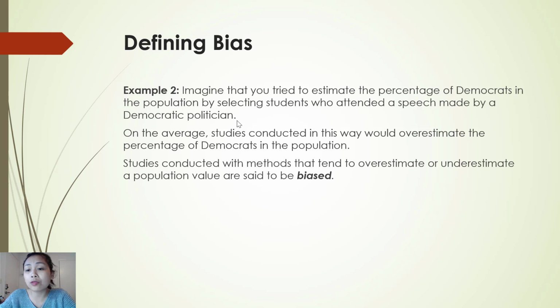So a study conducted with methods that tend to overestimate or underestimate a population value is said to be biased. Overestimate means the estimate is higher than the true value, and underestimate means the estimate is lower than the true value. If on average the estimate is not the same as the true value, then this is said to be a biased study.